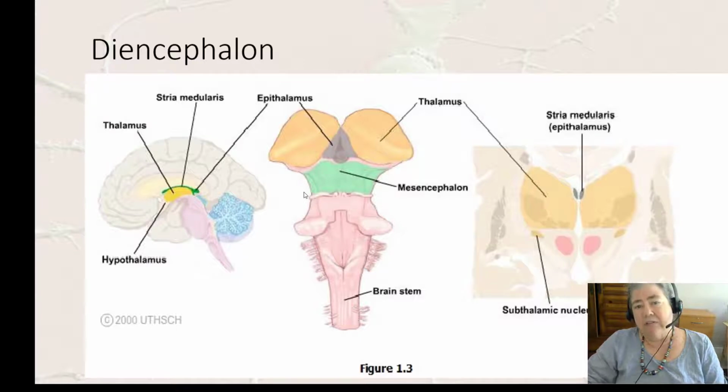And has a ton of receptors that allow for the feedback loops that let us maintain homeostasis in any number of areas, in fluid balance, in temperature, in pressure, in all kinds of things. So the hypothalamus is a crucial part of the diencephalon.